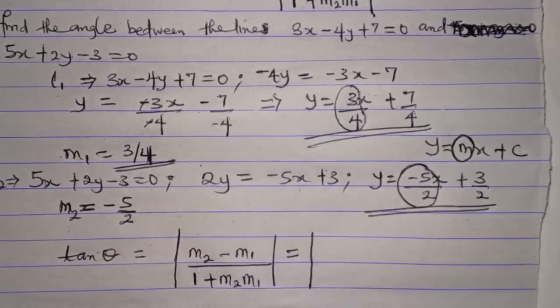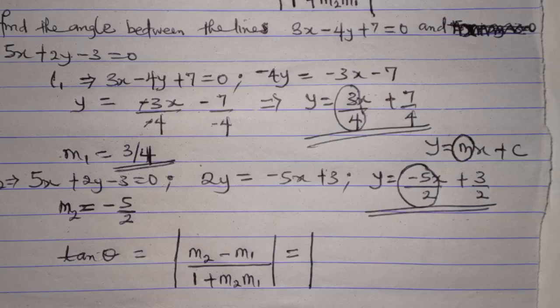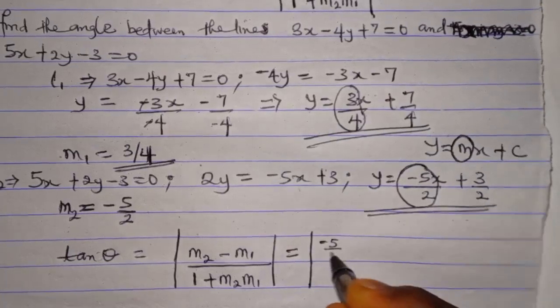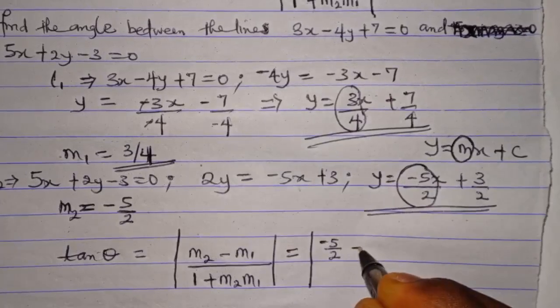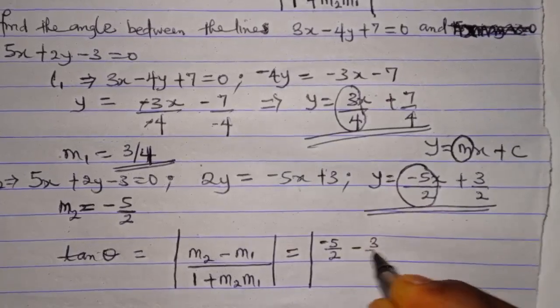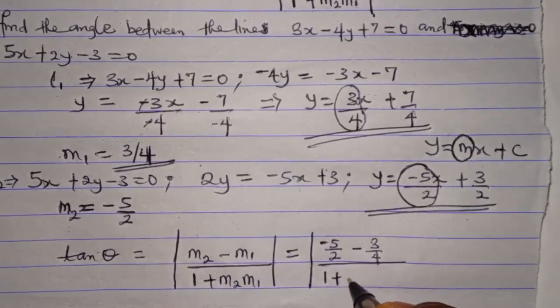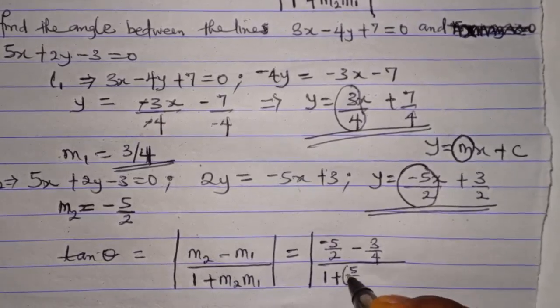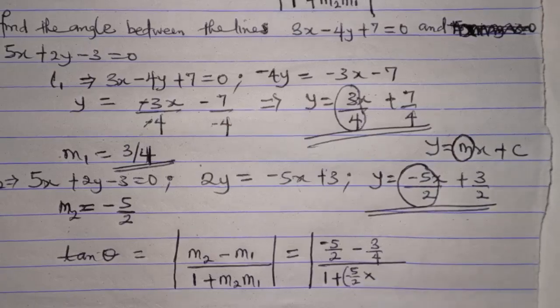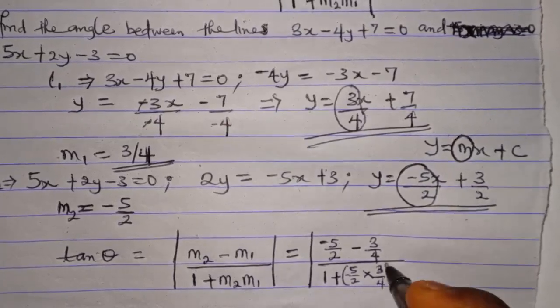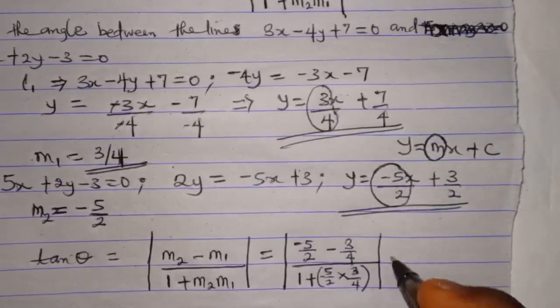We have the modulus of m2, which is minus 5 over 2, minus m1, which is 3 over 4, divided by 1 plus m2, which is minus 5 over 2, times m1, which is 3 over 4.